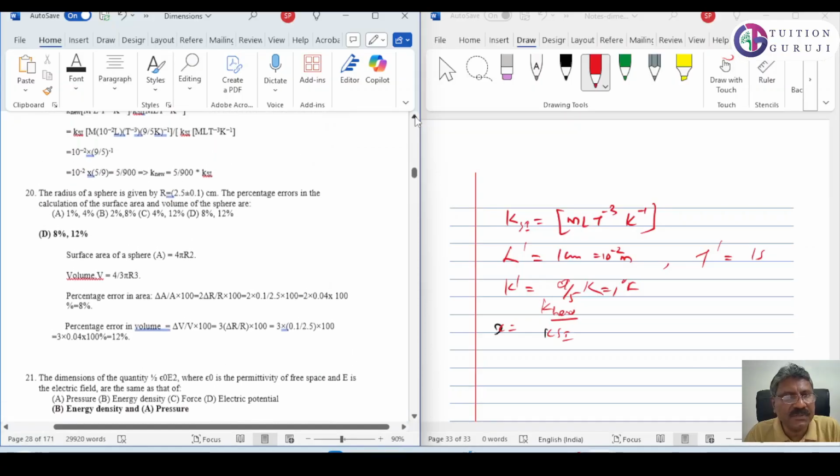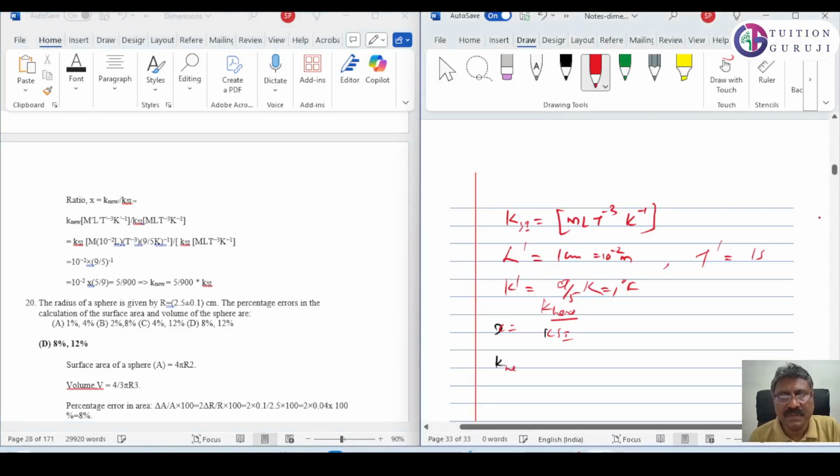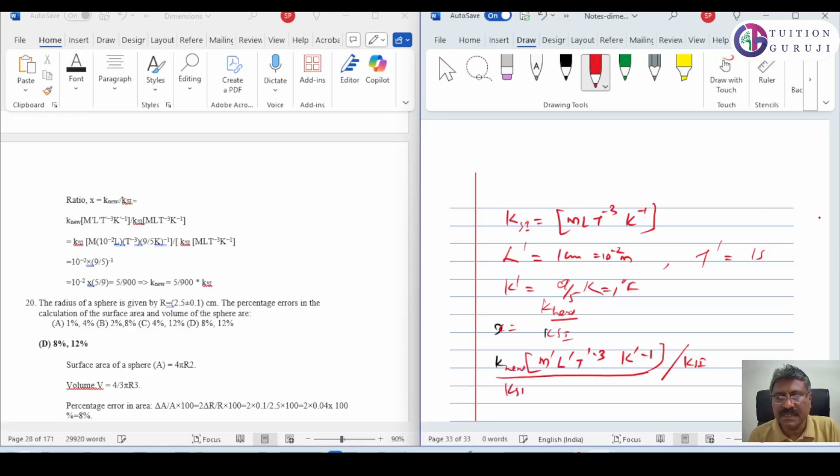K nu is M dash, L dash, T dash raised to minus 3, K dash raised to minus 1, since the dimensions are M L T raised to minus 3, K raised to minus 1, divided by K_SI into the normal M L T raised to minus 3, K raised to minus 1.